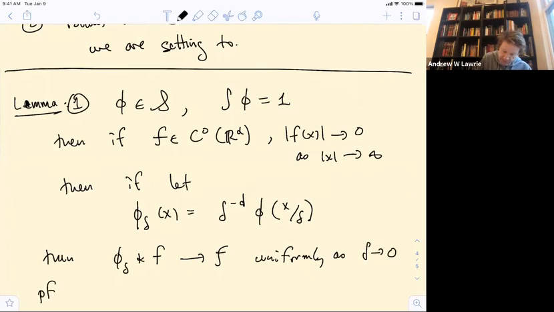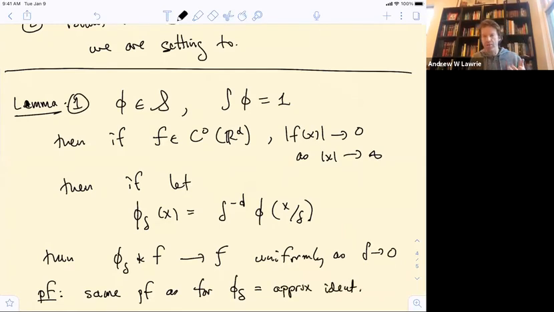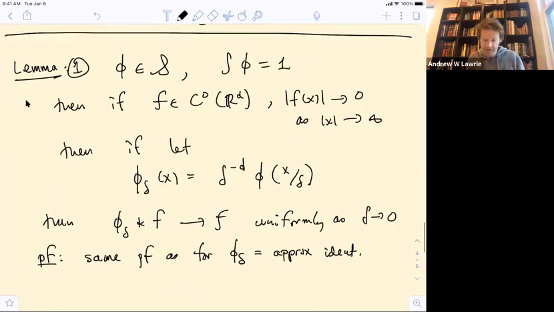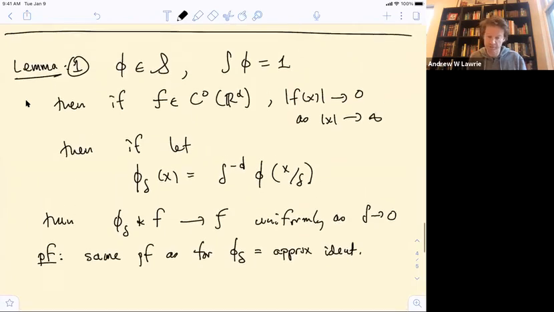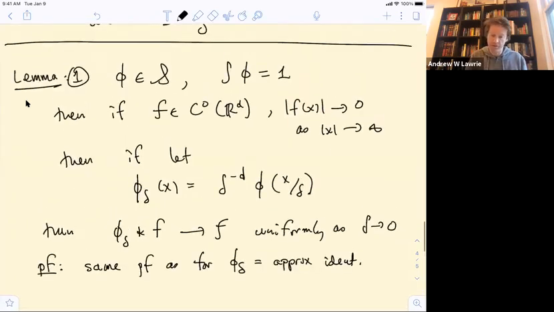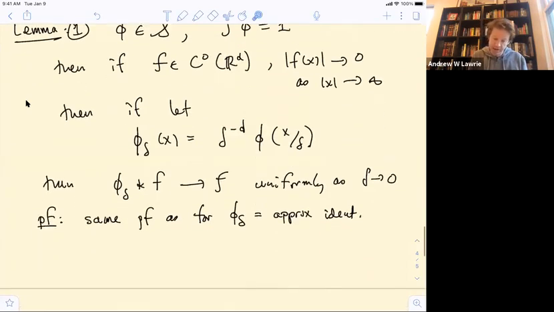And the proof of this is the same proof as for phi delta being an approximate identity. Such phi delta are approximate identities. Take a Schwartz function with normalized, unit mass, and then you obtain an approximate identity just by doing the proper rescalings.